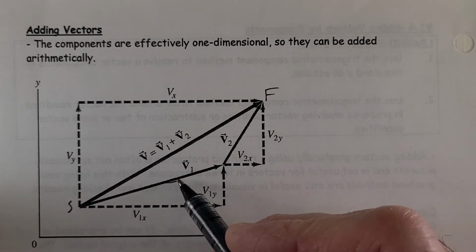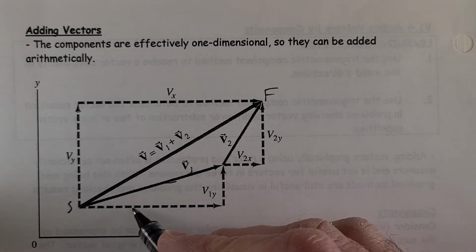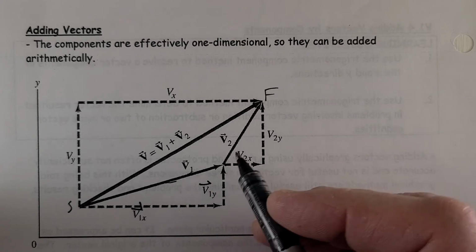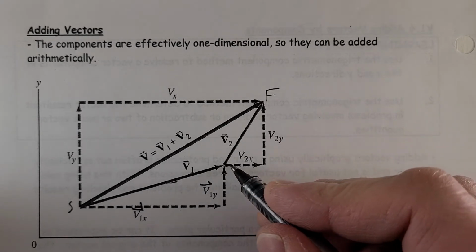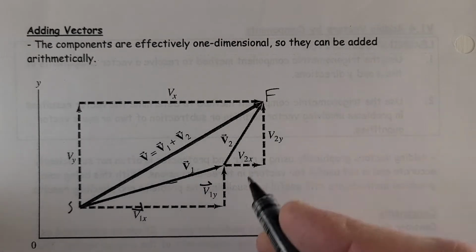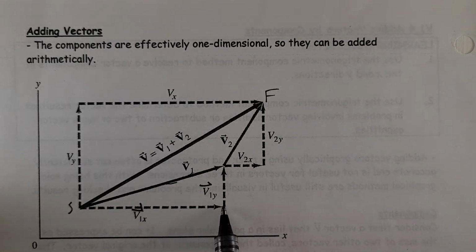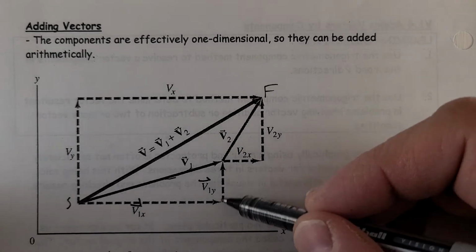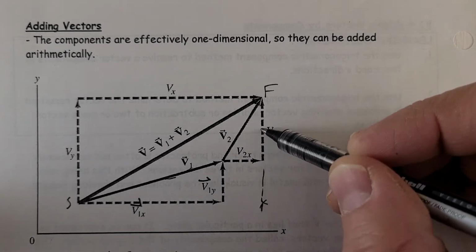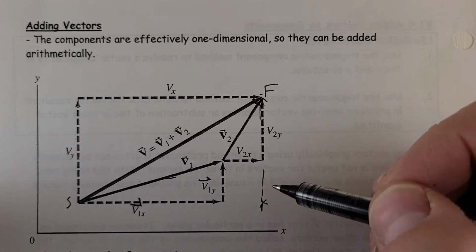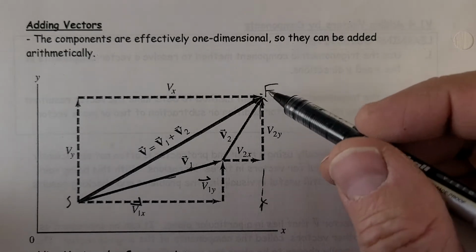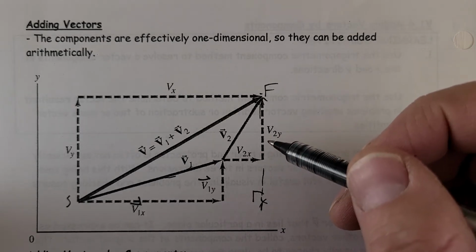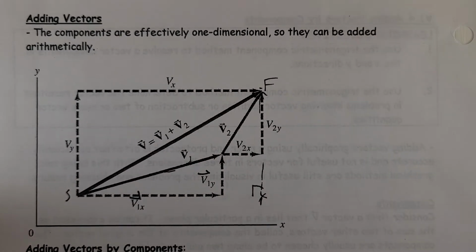But if we think of v1 as being made up of v1x and v1y, and v2 as being made up of an x movement and a y movement, take a look here. v1x plus v2x, that'd be here. Then v1y plus v2y, I'd end up at the same spot. So I could add up all the x components and then combine that with all the y components using a squared equals b squared plus c squared, and I could get the answer.